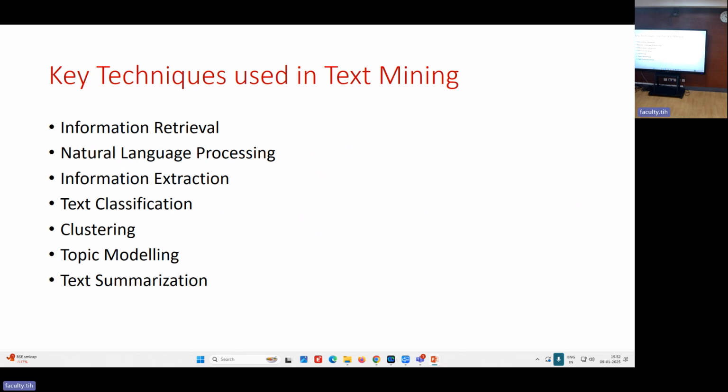Yes, maybe we can cover, but after covering all this, if we get time, sometime we can cover RNN. Sequential models, RNN, LSTM, GRU, we can. But let's see if we get time.